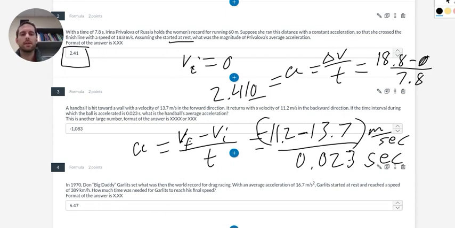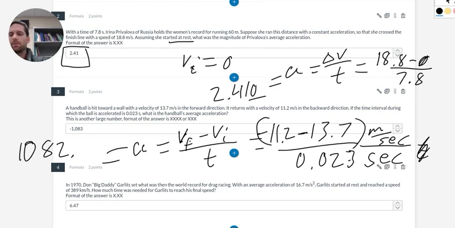Once we do that, we should get 11.2, 13.7, add those, divided by 0.023, and I get, I'll put it over here actually, 1082.60, but that's to no decimals, and it's a negative value because the negative's up here.